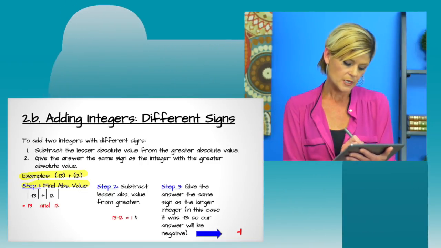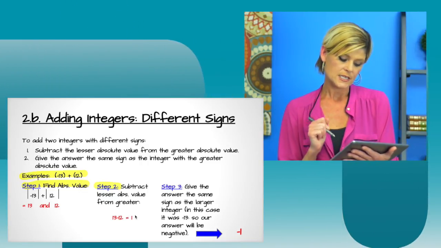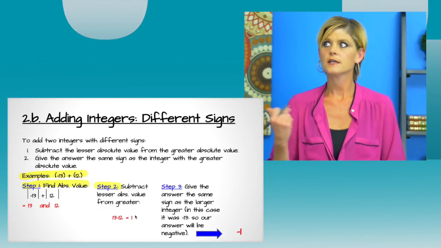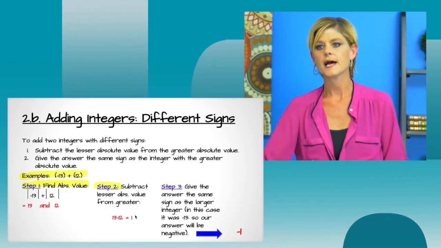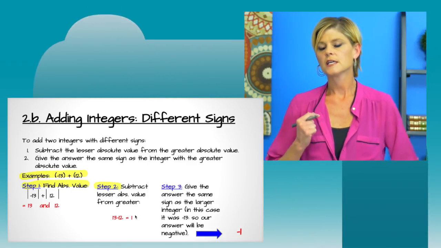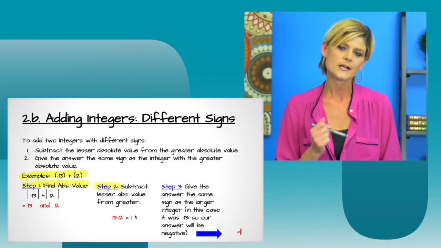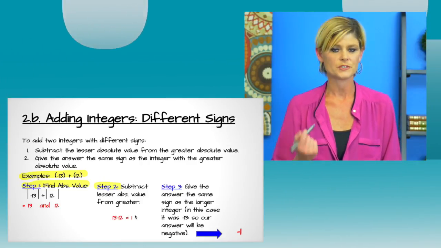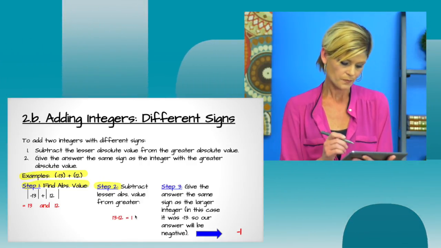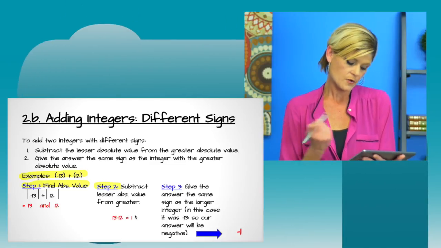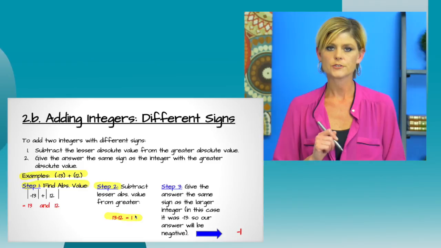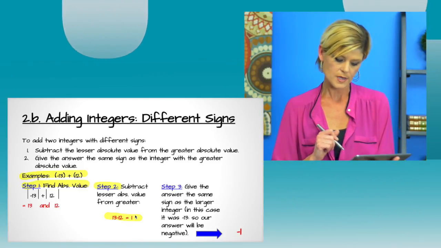The next step is to subtract the lesser absolute value from the greater. And you're saying, but I thought we were adding integers. Well, this is the trick. If you subtract the lesser absolute value from the greater, it's going to make adding integers with different signs so much easier. So all you have to do is say, 13 has a greater absolute value, clearly. 13 minus 12 equals 1.